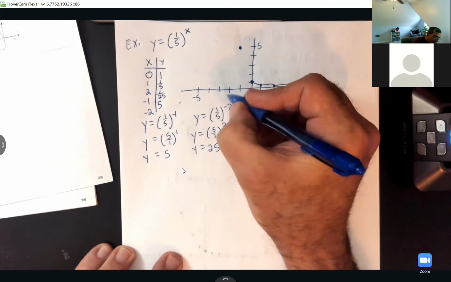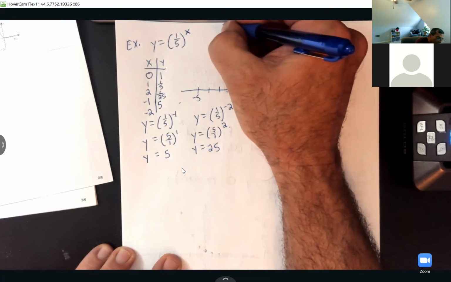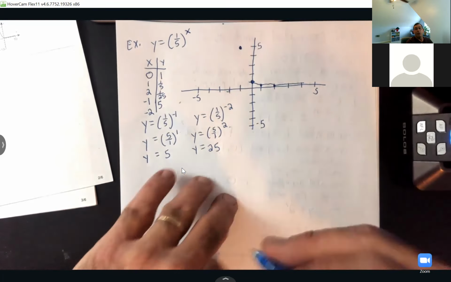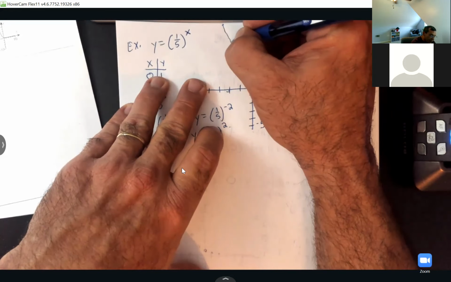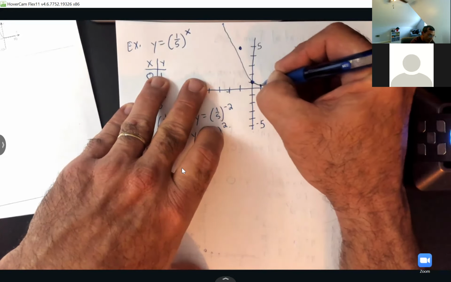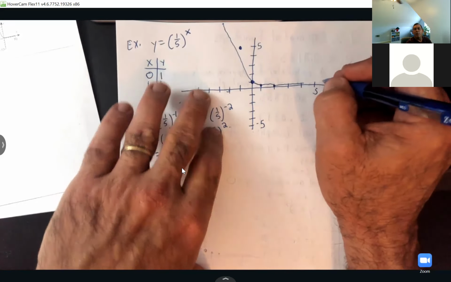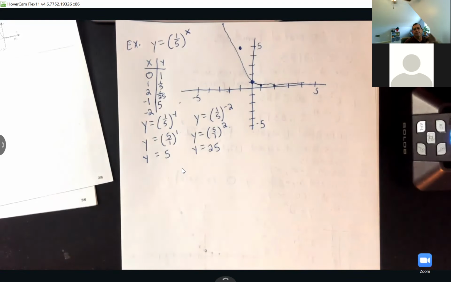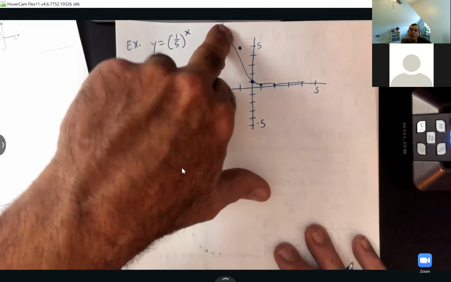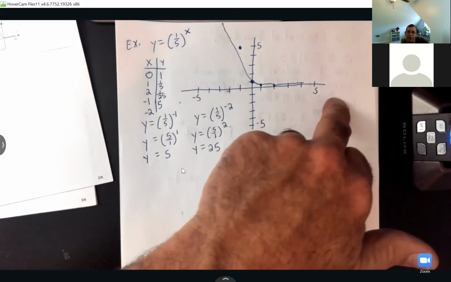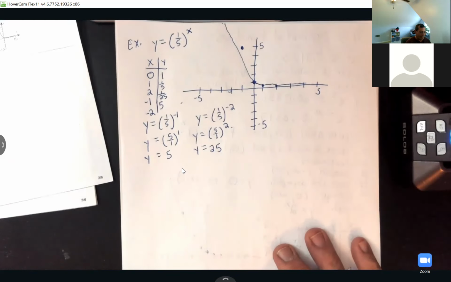So look here, at negative 2, you're way up here at 25. Too far for me to draw on my graph, but you can tell it's going to come in from this side, go down, and then follow our asymptote as it goes out towards infinity. So we'll say fractions have the opposite graph shape, okay?